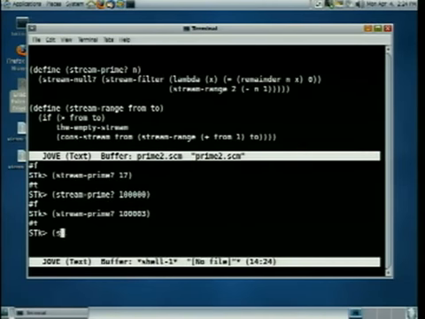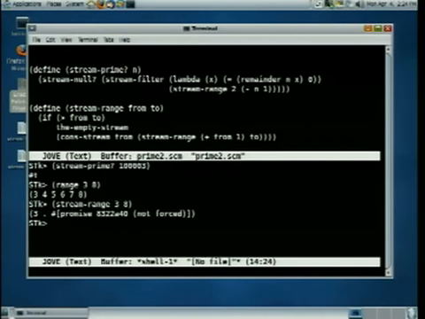Well, first of all, let me just remind you that range from 3 to 8 gave us this list. Now I'm going to say stream-range from 3 to 8. And I get something different. I'm going to abbreviate by calling it range, for chalkboard purposes.